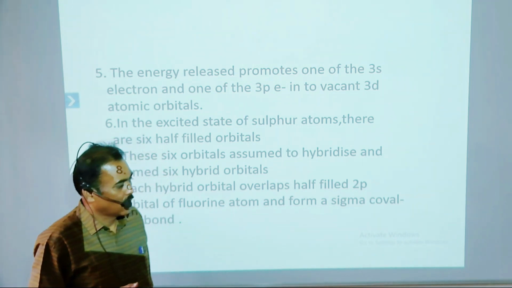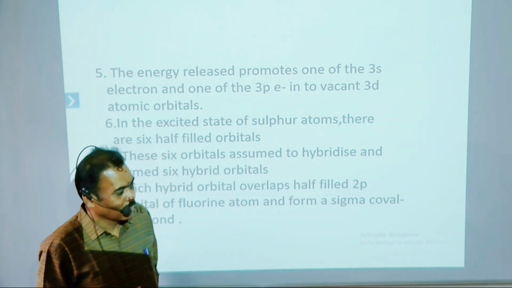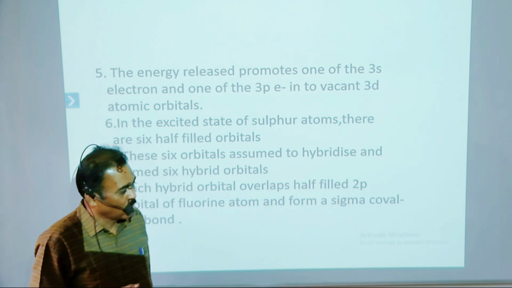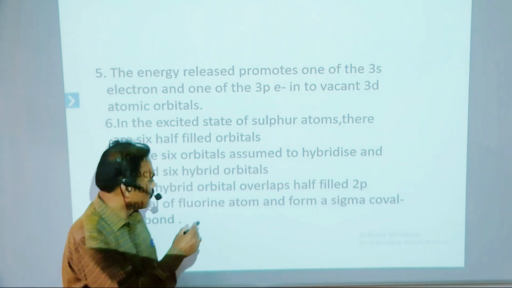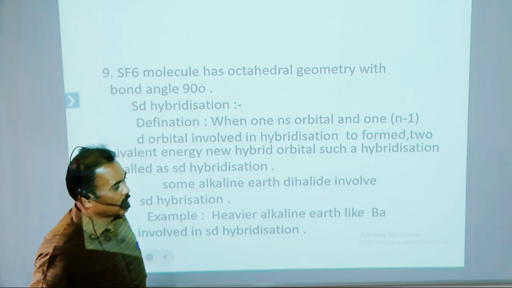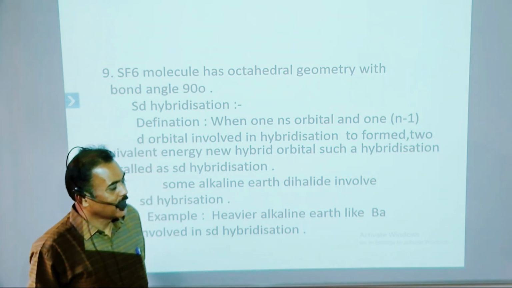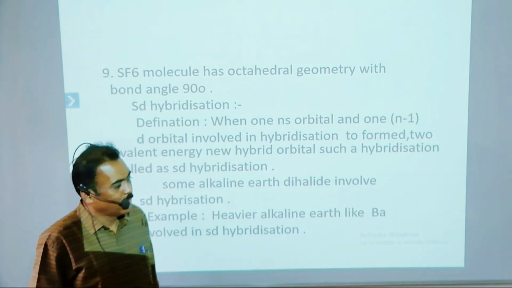These 6 orbitals are assumed to hybridize and form 6 hybrid orbitals. Each hybrid orbital overlaps a half-filled 2p orbital of a fluorine atom and forms a sigma covalent bond. So the SF6 molecule has octahedral geometry with a bond angle of 90 degrees.